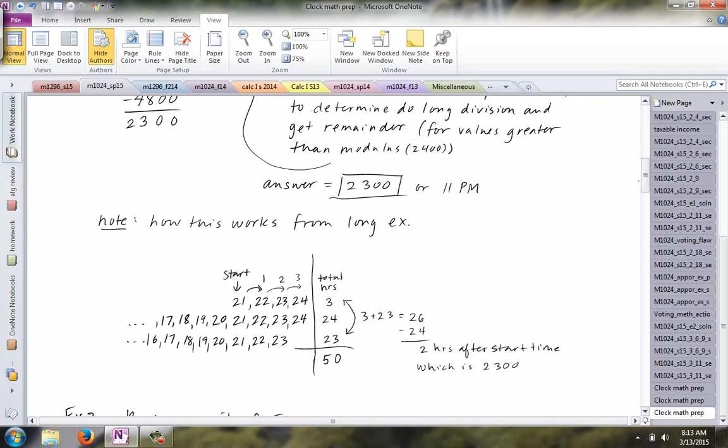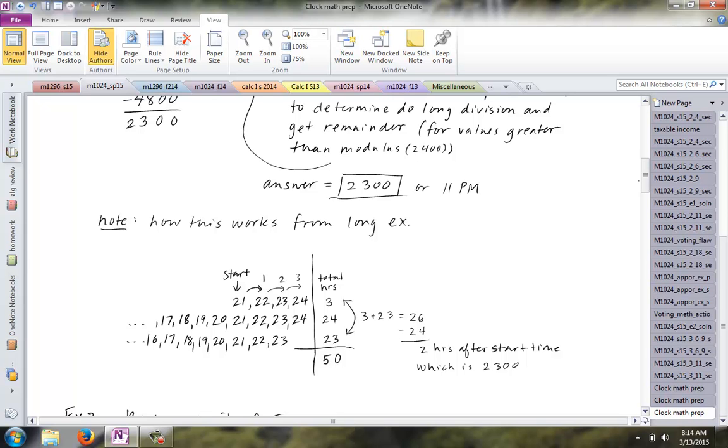So going back to that long example, this was not terrible because it's 50 hours, but if you can imagine it was like 5,000 hours, you definitely want to do it this way, and that's kind of the reasoning you would do to solve a problem like that. You would say, well, how many cycles of 24 are in here? The way it was organized here, in the first day you had 3, and then in the last day you had 23 hours, and if you combine those, that actually had another cycle of 24 out.